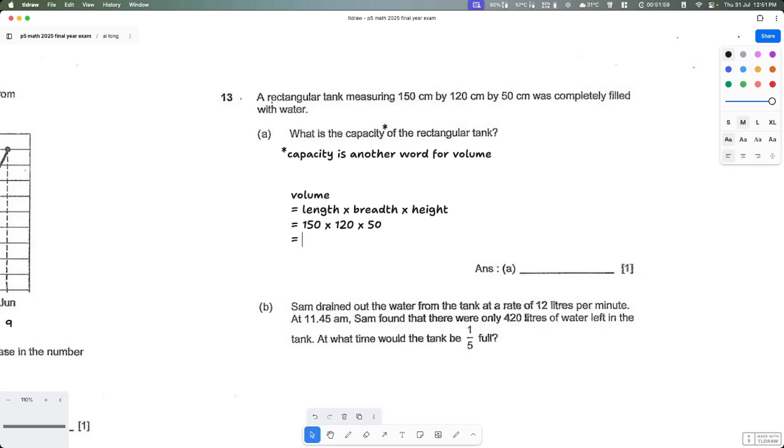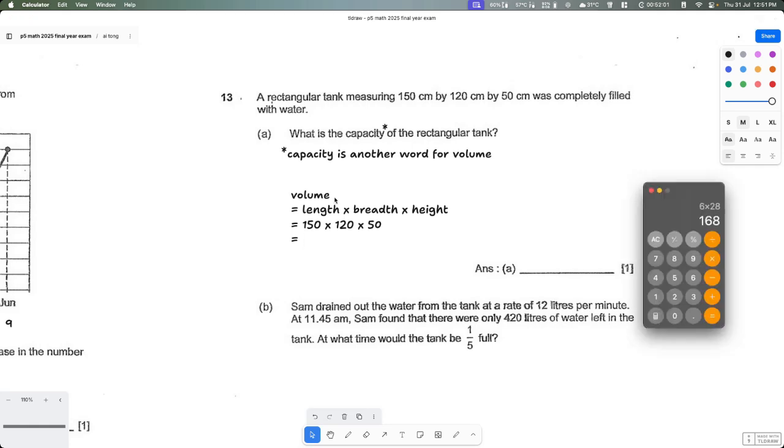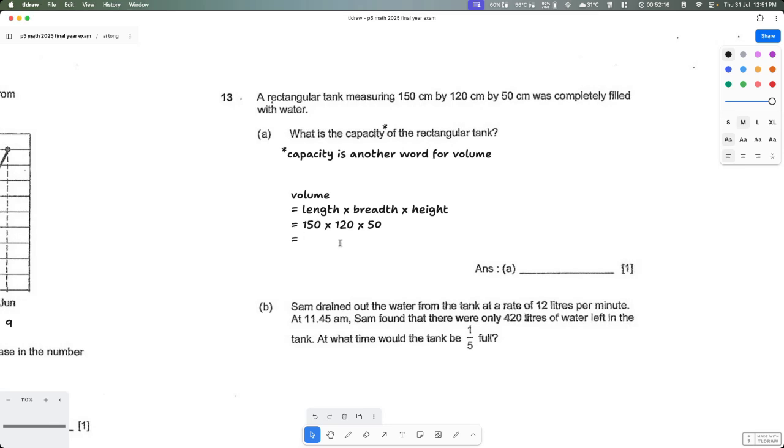And what will this become? So we will use the calculator. 150 times 120 times 50, and this will give us 900,000 centimeter cube.